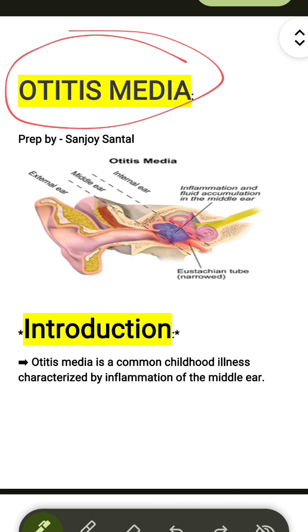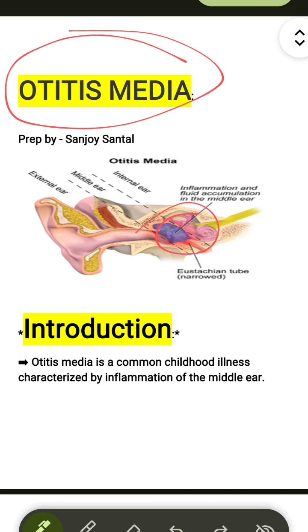Otitis media is a common childhood illness characterized by inflammation of the middle ear. In the middle ear, there is inflammation and fluid accumulation.